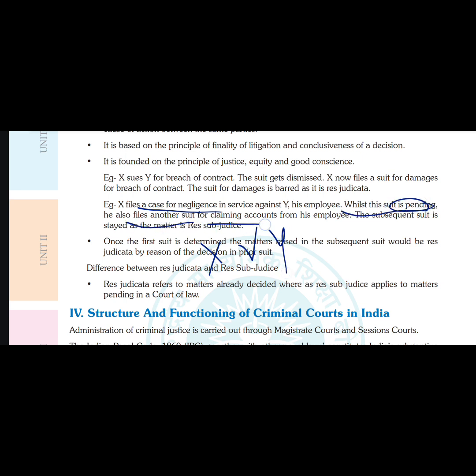Another suit for claiming accounts from his employer. Negligence in service means maybe he has misrepresented some accounts or he was not careful in maintaining those accounts. That's why it's between the same parties and for the same subject matter.